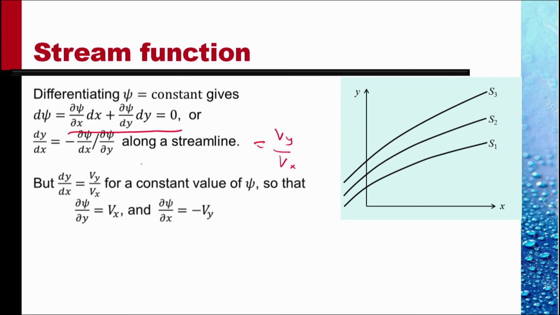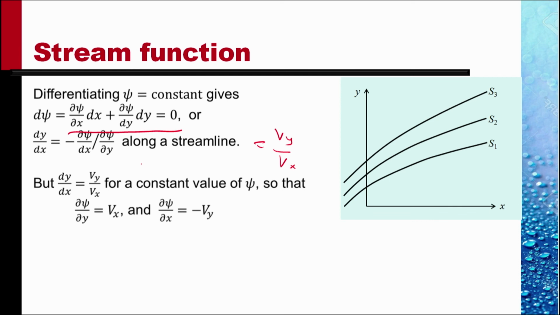Notice an important use of the stream function. We can replace the two variables Vx and Vy by a single variable psi for incompressible steady flows in two dimensions. That reduces the number of unknown variables by one. Two variables Vx and Vy can be replaced by psi.